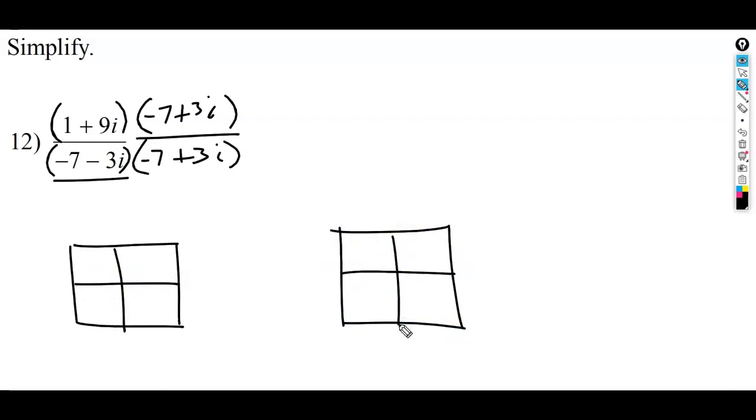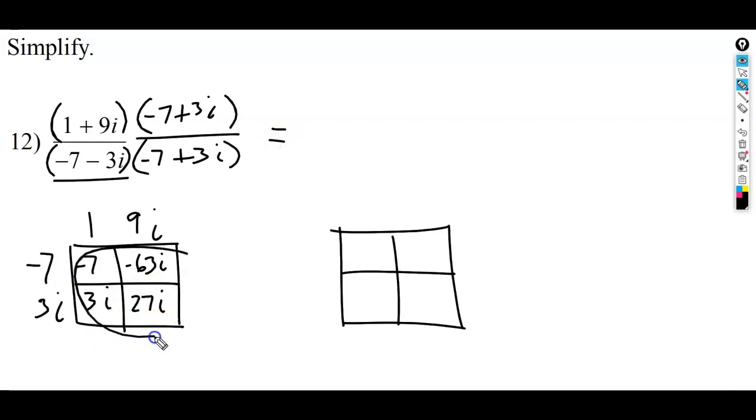So let's do the top first. 1 plus 9i is being multiplied with -7 and 3. I'm going to be showing a little bit less work because of my space constraints here.